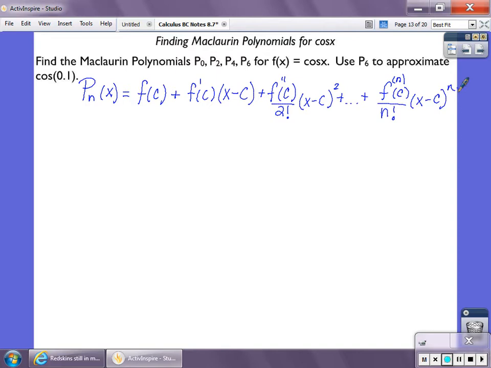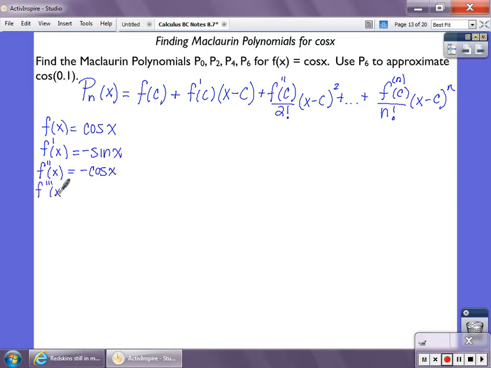Okay, so I need to figure out who is f of x. We know that that is cosine of x. That's who we're approximating in this case. I need the first derivative evaluated at x. That is going to be negative the sine of x. The second derivative is going to be negative the cosine of x.